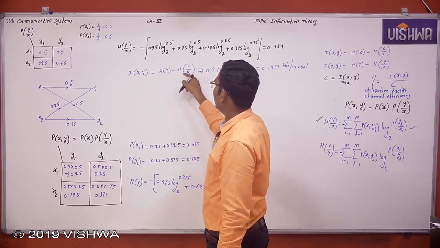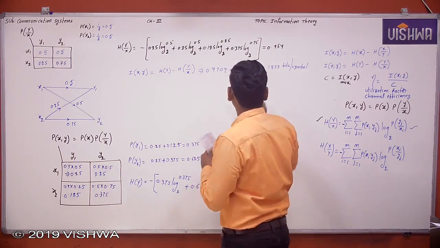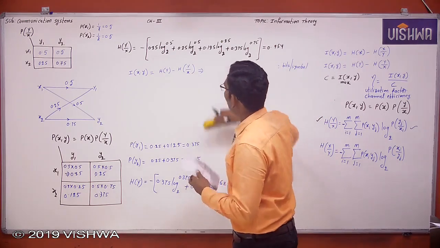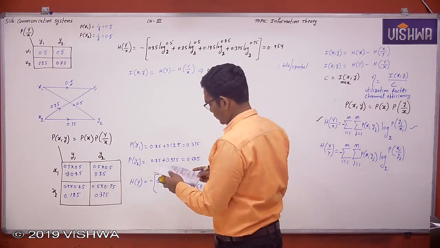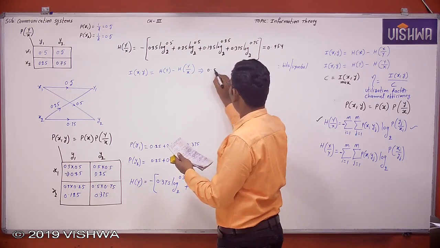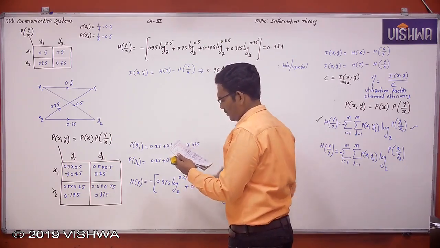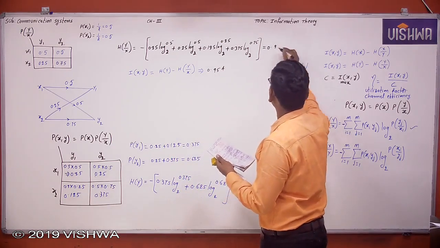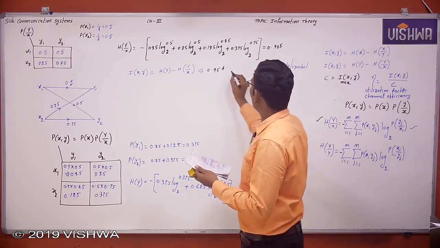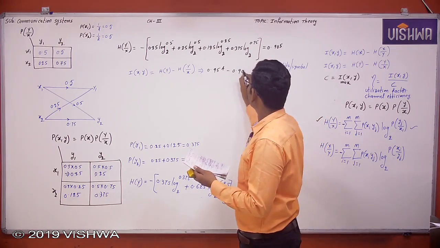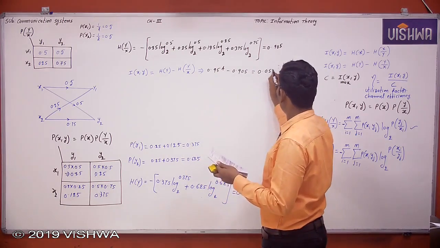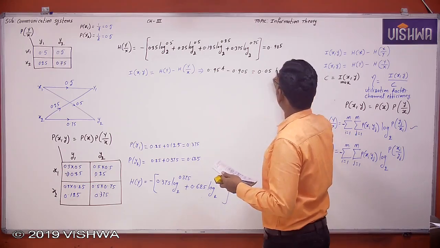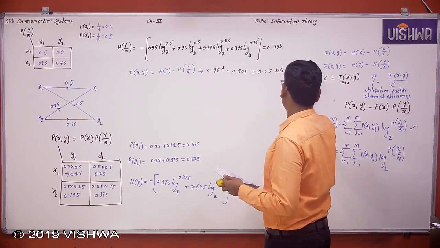H of Y minus H of Y by X. Now H of Y is 0.954 and H of Y by X is 0.905, so 0.954 minus 0.905 is equal to 0.05 bits per symbol, which is the mutual information.